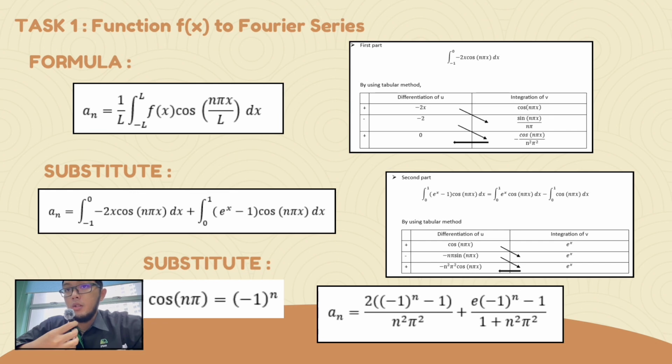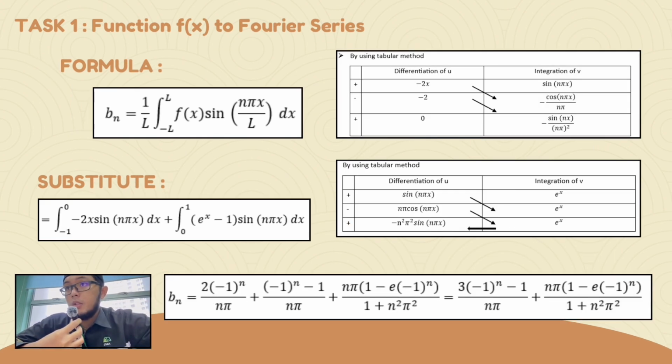We get this expression for an, and to solve this integral, since we have two different functions here, we need to use the tabular method. This is the tabular method here, and after we get the final answer, we can substitute the cosine of n pi with negative 1 to the power of n, where n is a natural number. Since cosine is a repeating function, we can substitute this to make it simpler. So we get this expression for an.